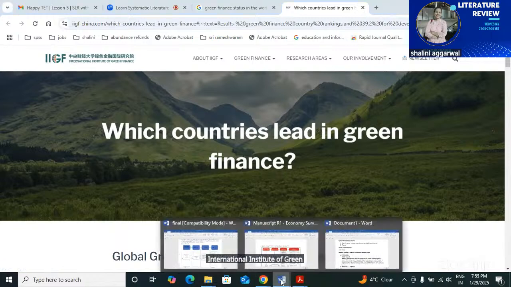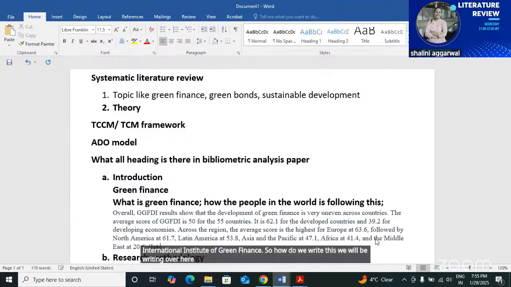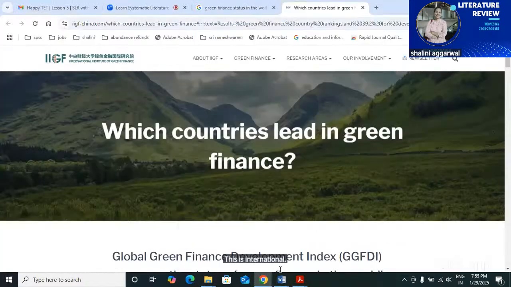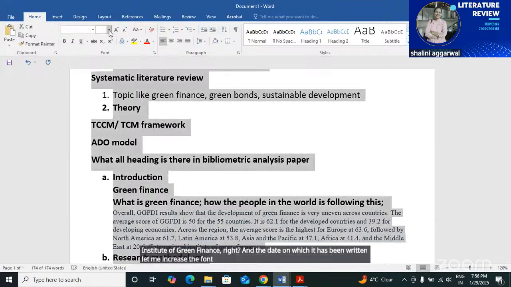So how do we write this? We will be writing over here International Institute of Green Finance, right? And the date on which it has been written. Let me increase the font size.